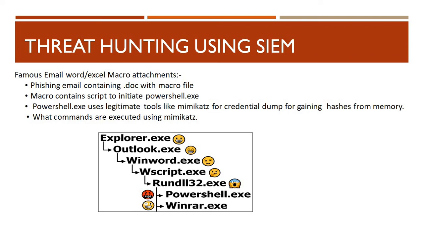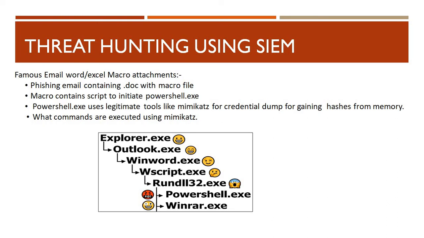So in this scenario, there is a process chain which is attached to this entire life cycle, wherein there will first be explorer.exe, which will be opening the Outlook application. Then Outlook will be opening WinWord, which has come as an attachment to your email. This WinWord file, once saved and opened, will execute a macro which has a VBA script.